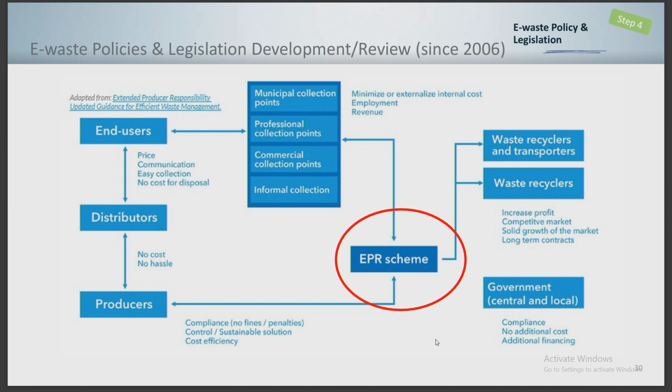One of these solutions could be the extended producer responsibility scheme, but there could be other ways how this could be financed. In view of time, I'm not going to go into a lot of detail on how this works, because I think this has also been discussed yesterday by Matthias Schlup. Okay.